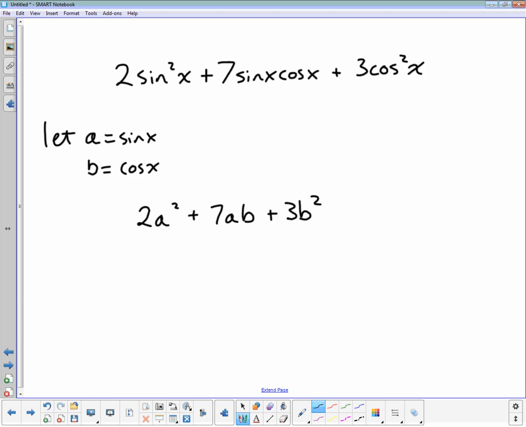I don't know, it's just me, but I like looking at that form rather than the sine and cosine crazy things. All right, so stuff a rabbit.